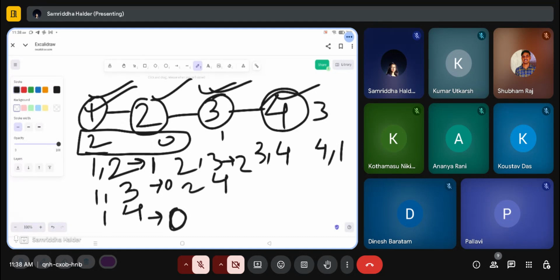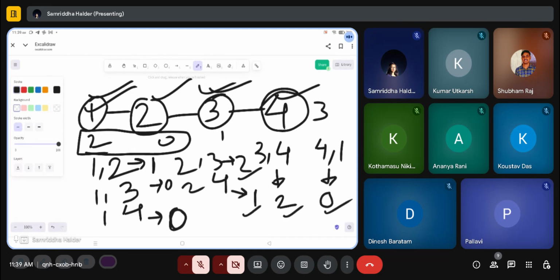Then 2, 4, we have 0, 3, we will put here 1. Then 3, 4, 1, 3 is present, 2 is not present, so it will be 2. 4 and 1, 2, 3 is present, 1 is not there, 0 is also not there, so it will be 0. Now you can see you will have to sum up these 1 plus 0, then 2, then 1, then again 2, then again 0.